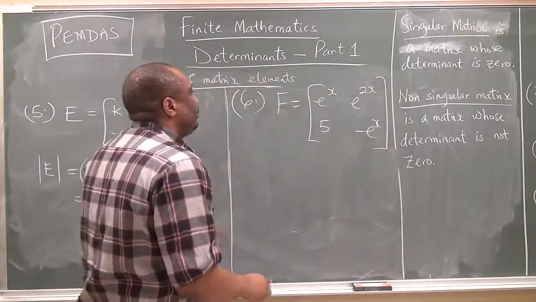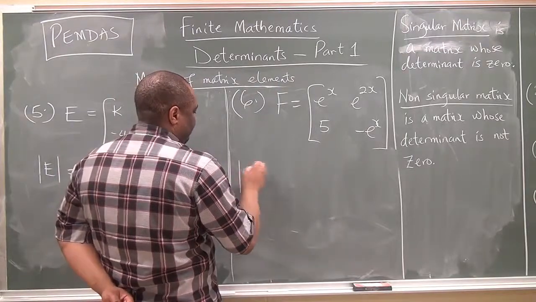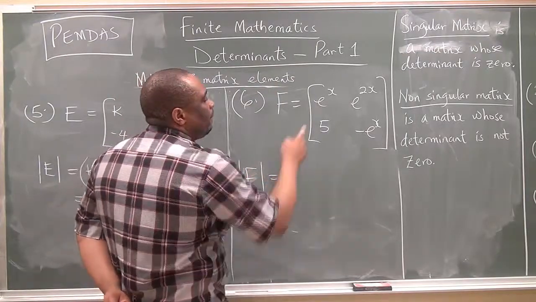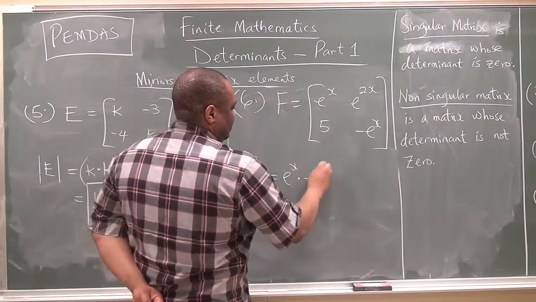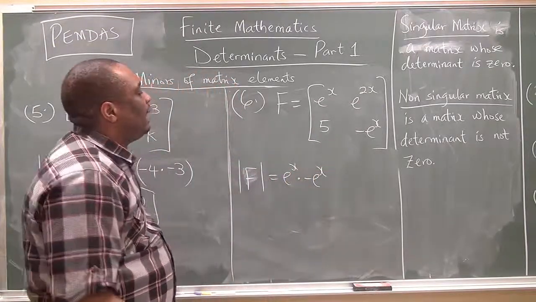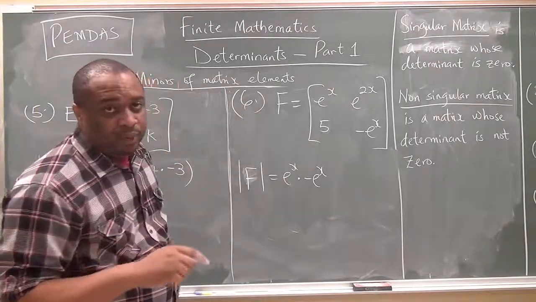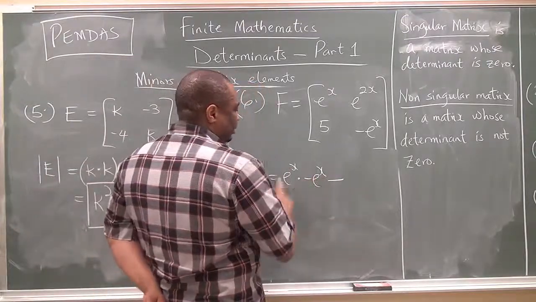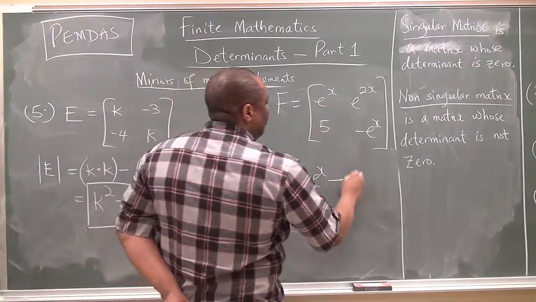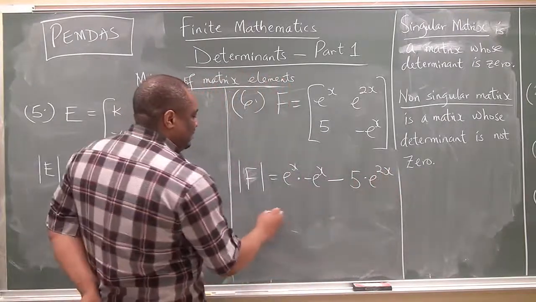Okay, so the determinant of F will be e to the x times negative e to the x. Some folks do mental math and they try to do this and they make mistakes. Mr. C will not advise you to do so. Now minus, deal with this guy first. Then 5 times e to the 2x.